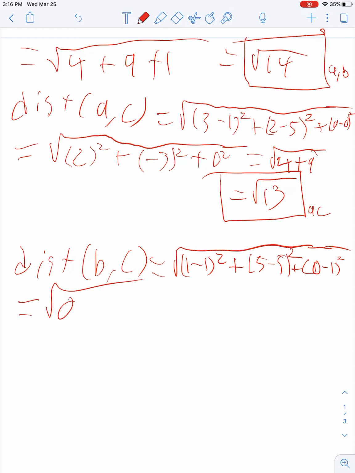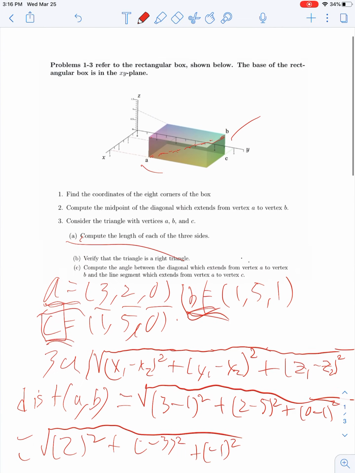So that's going to be equal to 0 squared plus 0 squared plus 1 is equal to square root of 1 is equal to 1.